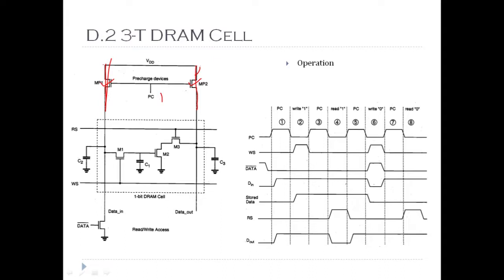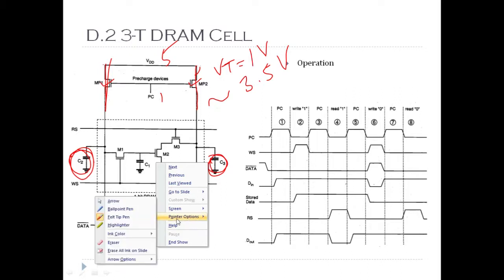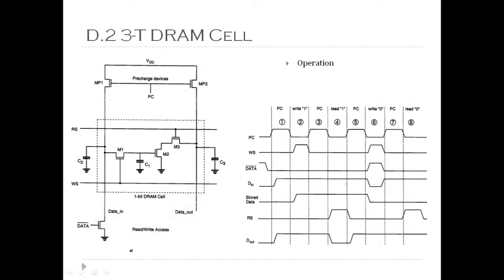Because of this, the voltage of these capacitors increases, and for a normal transistor with threshold Vt equal to 1 volt and VDD equal to 5 volt, approximately 3.5 volt is the voltage carried by these two capacitors C2 and C3. So we can say that when there is no read or write operation, both the data in and data out columns carry voltage close to VDD, approximately 3.5 volt.